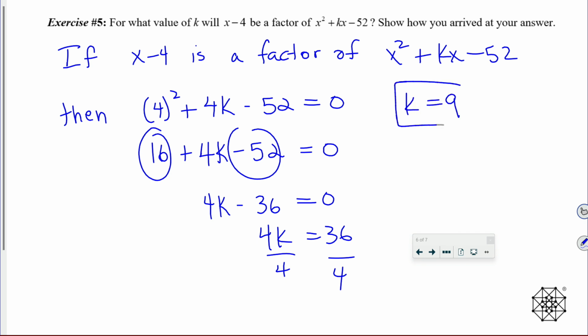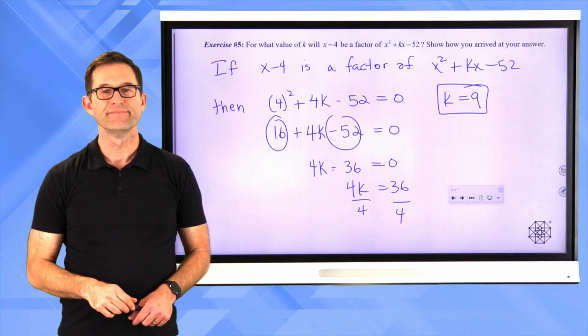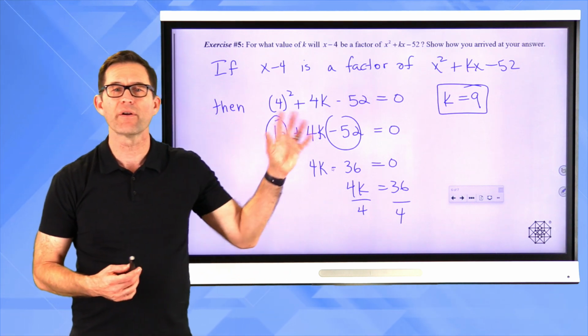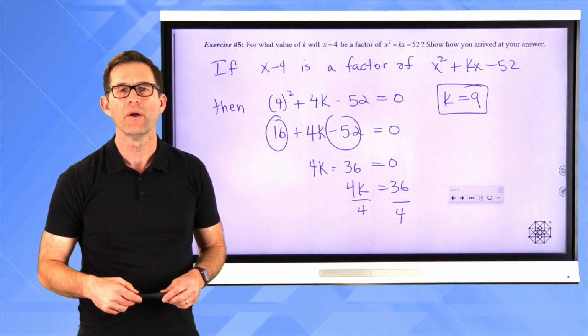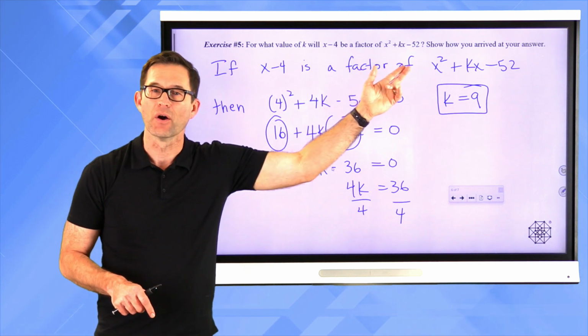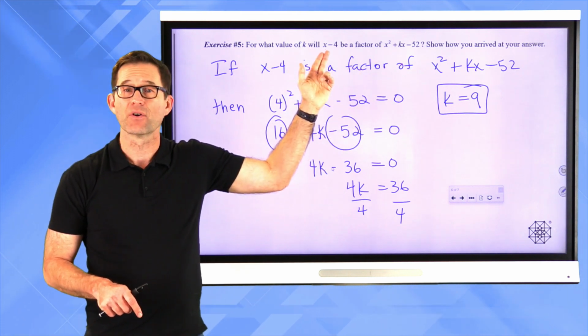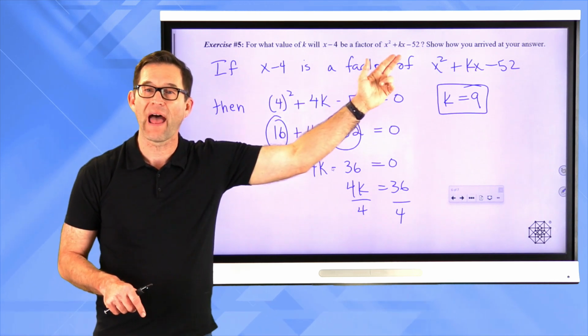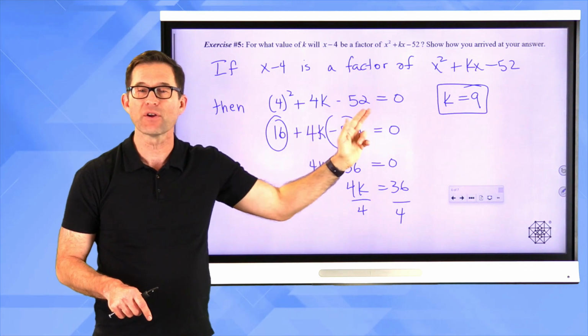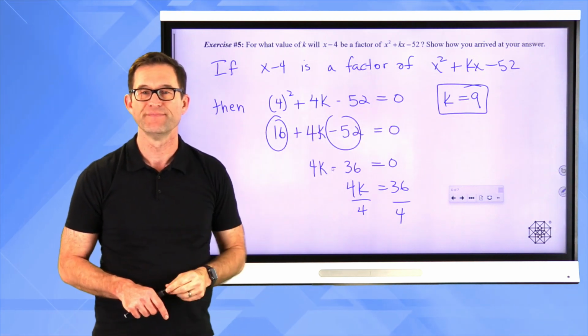And k will be equal to 9. All right. Awesome. Right? And kind of a cool problem. I've seen variations of this on the SAT before, right? And again, it's that connection between a factor and a 0. If this is to be a factor, then x equals 4 has to be a 0, meaning that when I substitute 4 into this expression, it must be equal to 0.